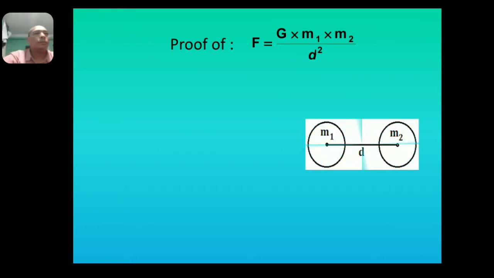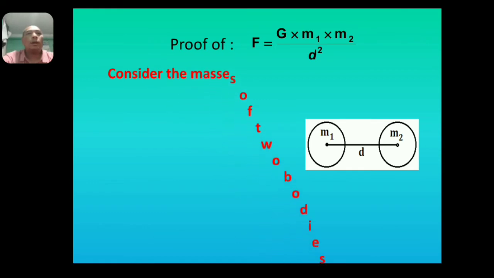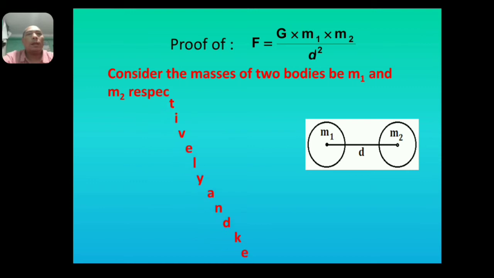Proof of F equals to capital G into M1 into M2 upon D square. Consider the masses of two bodies be M1 and M2 respectively and kept at D distance.